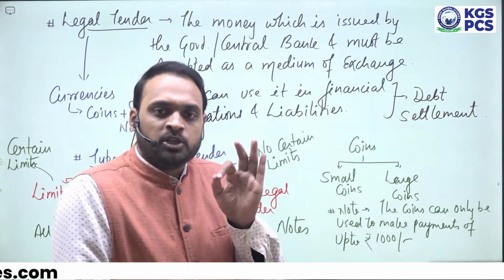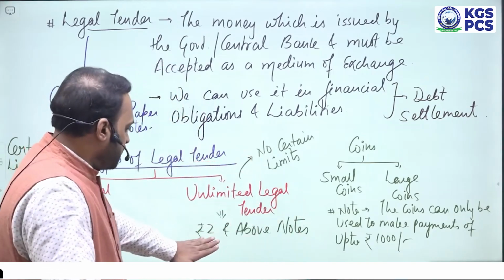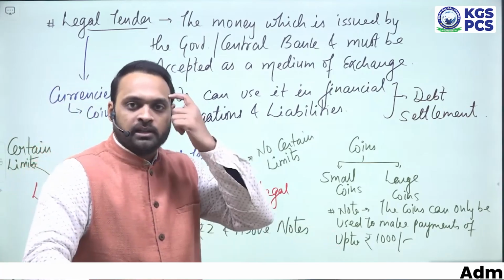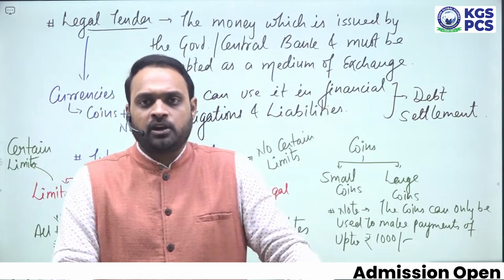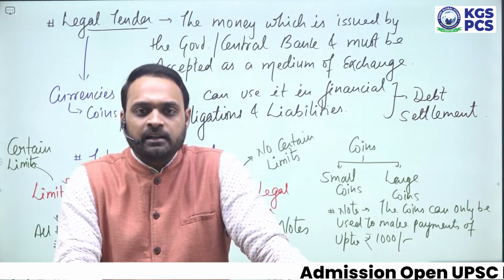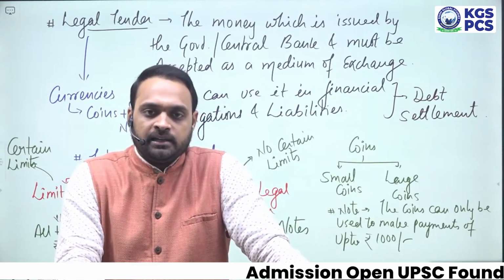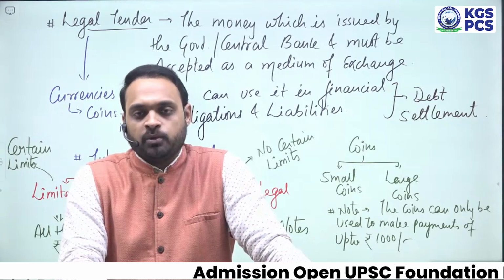Currency notes can be used as payment, and rupees 2 and above notes can be used to make payment of any amount in India. They are called limited legal tender and unlimited legal tender. And I hope you got this point.